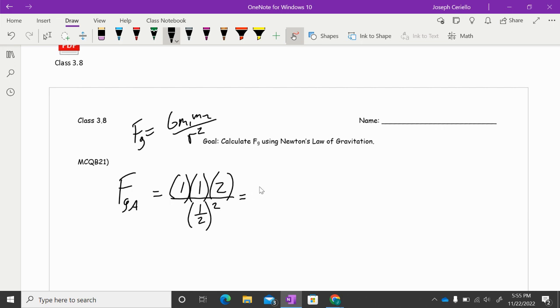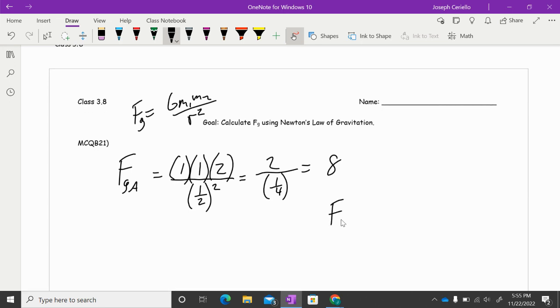Multiplying this out, you get 2 over 1/4, which gives you 8. So it's going to be 8 times as big.